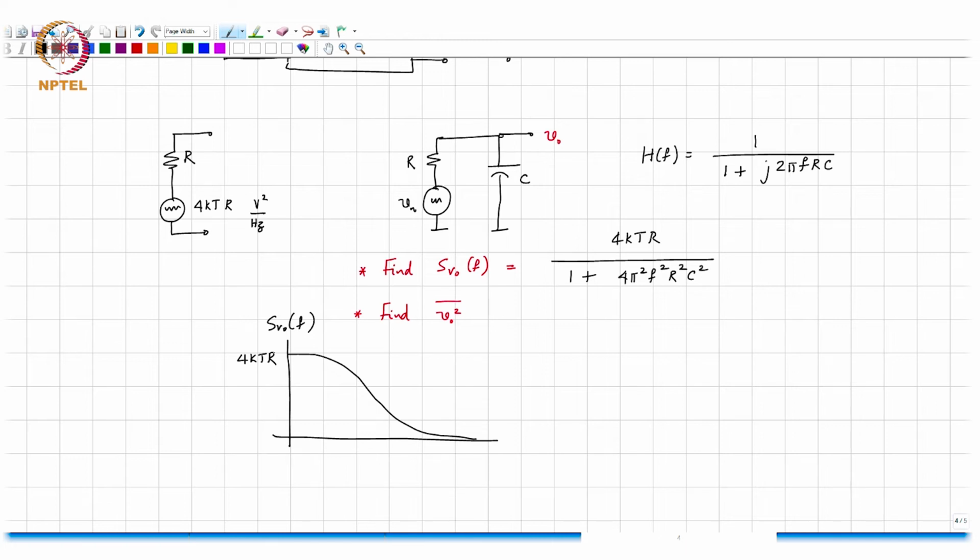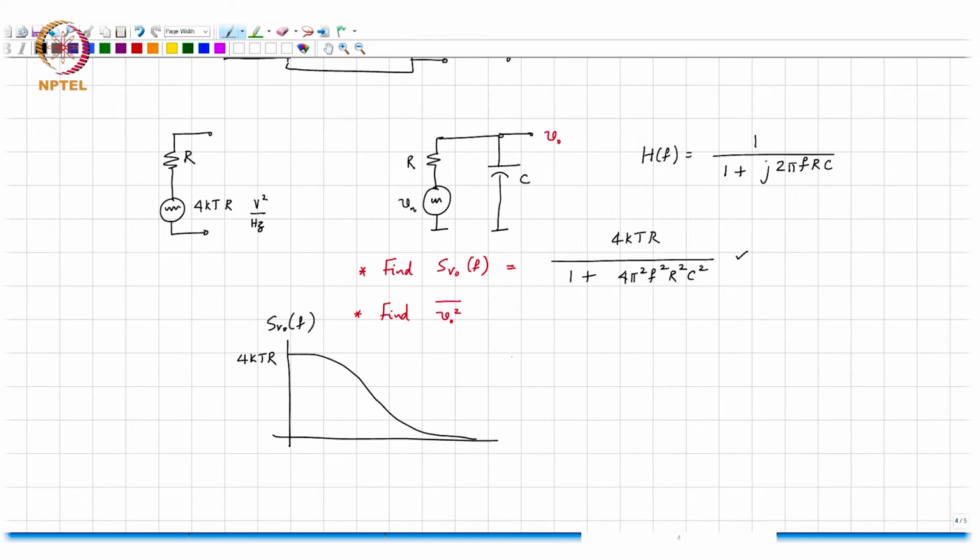At DC the capacitor is open, the transfer function is 1, so the low frequency output noise spectral density will be the same as that of the input. And why does this shape make sense? Well, it is a low pass filter, right? At high frequencies the capacitor is behaving like a short. So, the high frequency components of the noise are getting attenuated by the filter, and that is what the filter is supposed to do. Alright, so that is clear.